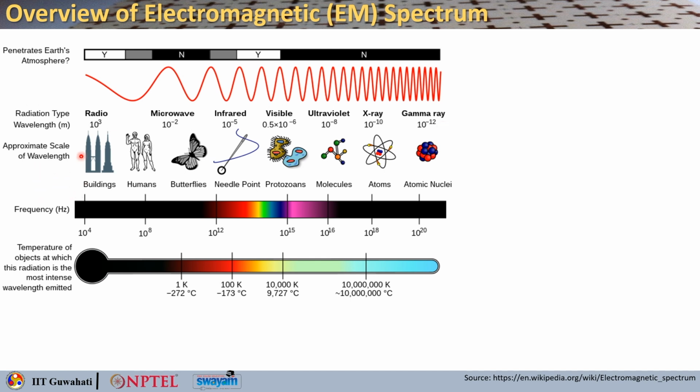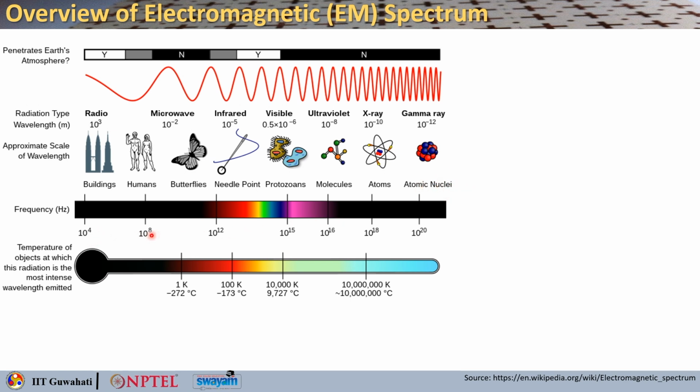Just to visualize the wavelength, here is the approximate scale. Radio waves are of the order of a building. Microwaves are in this particular range. This is how the visible wavelengths are, and when you go down to gamma rays, they are basically of the size of the atomic nuclei.